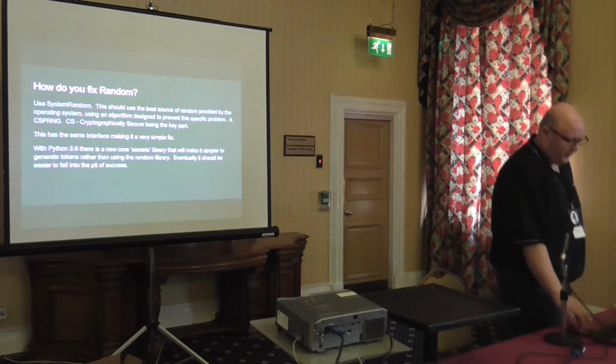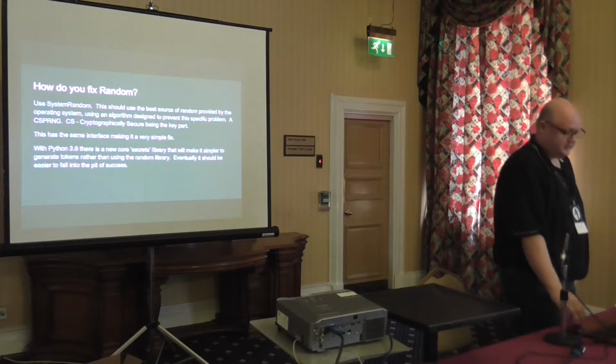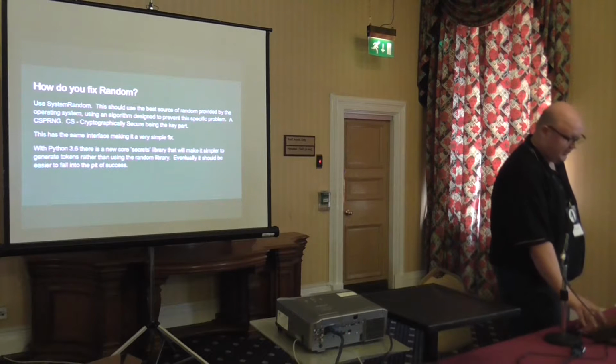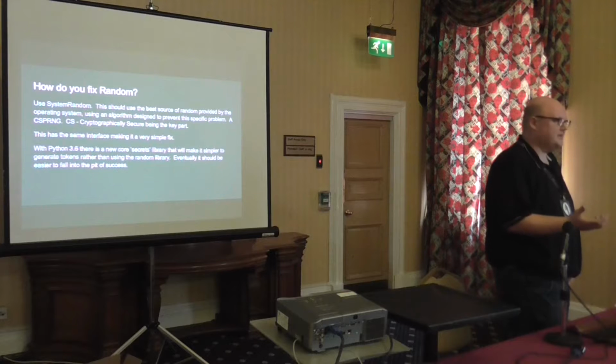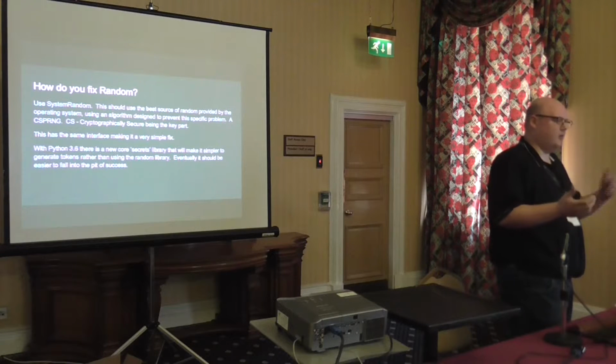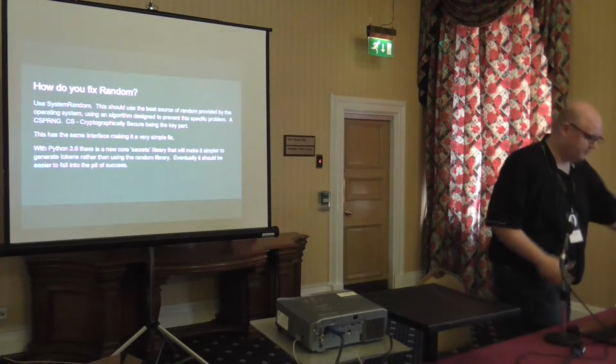And Python will make use of that, I believe, in the more recent versions. The key thing is that you want to be using a cryptographically secure one. And if you're using the operating system one, you generally don't have to worry about seeding because it will manage it, and also the reseeding, which is brilliant.